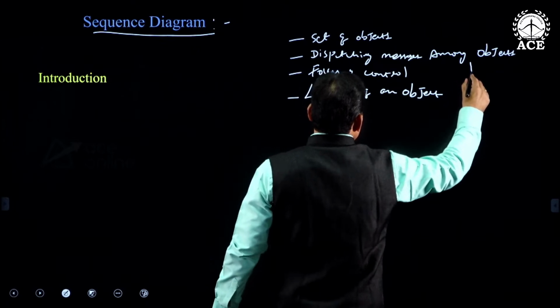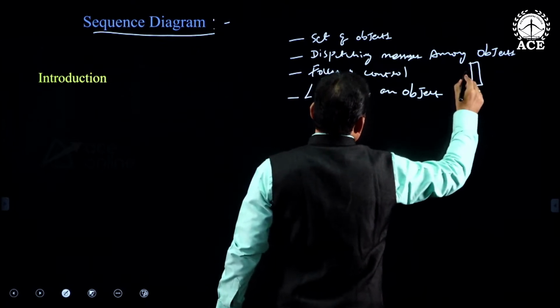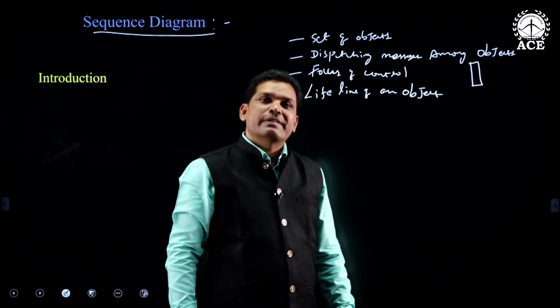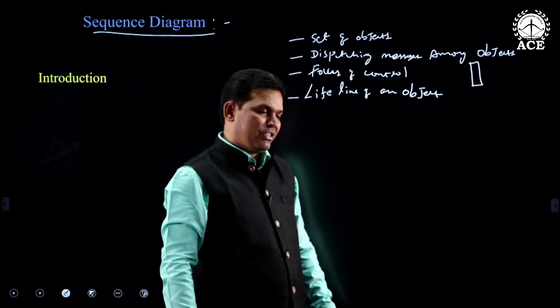Focus of control can be represented with a rectangle box. When there is a focus of control, only then will operations take place. Dispatching of messages takes place among objects in the sequence diagram.